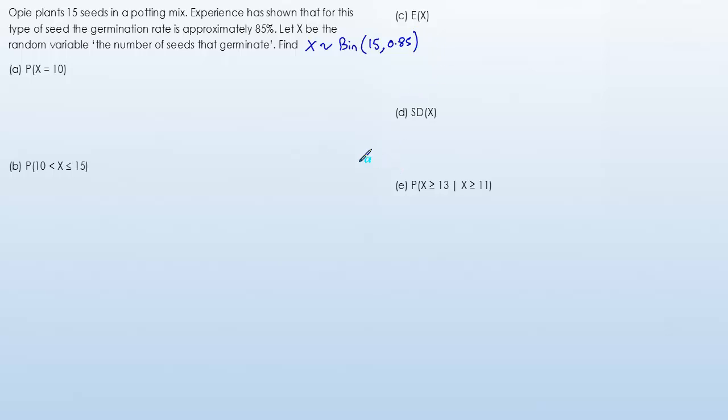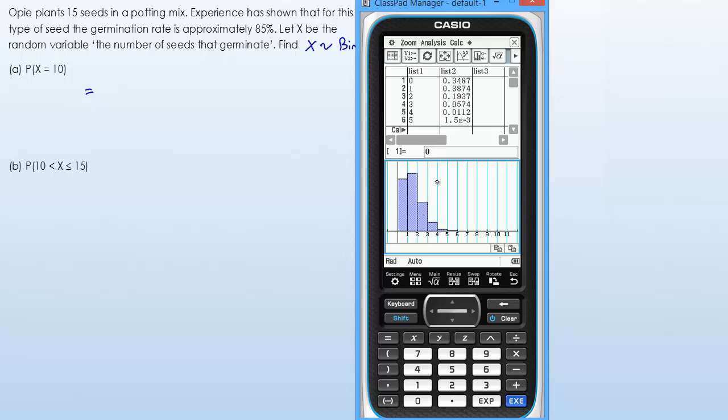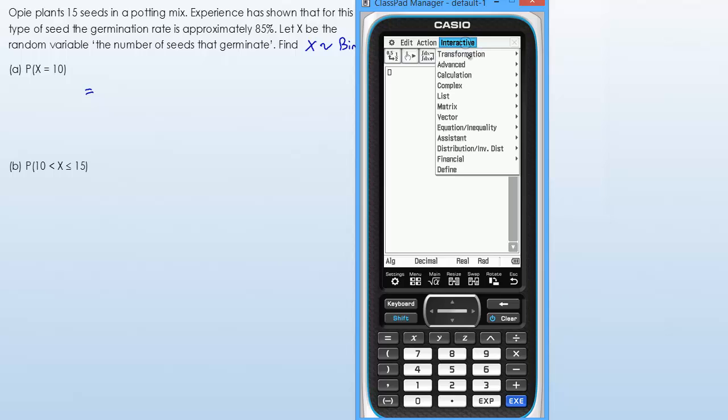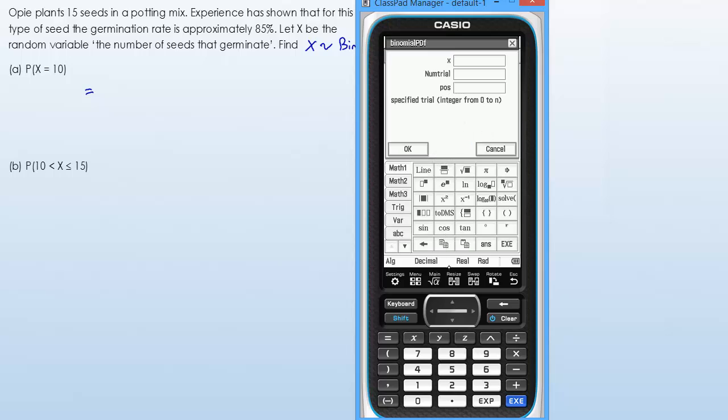0.85. We want the probability x is 10, so we could use the formula, but let's use the calculator. So I'm just going to clear everything. So interactive distribution discrete. It's a single value, so let's go for the PDF.